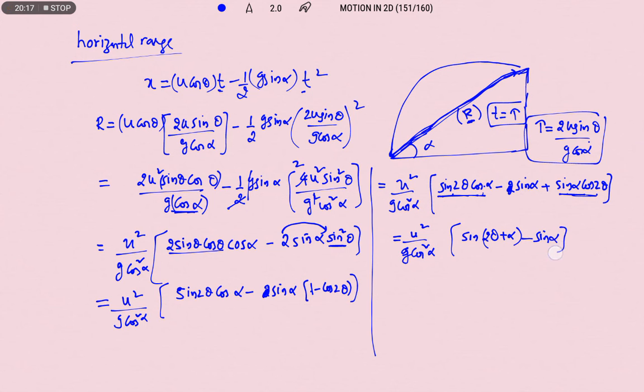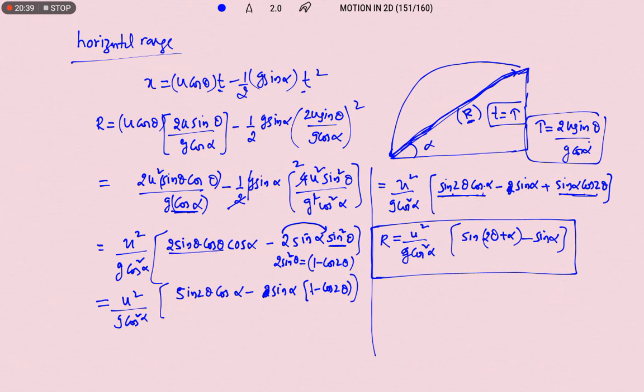So this is the expression for the range of the projectile. This range we need to find when it will be maximum. Once again you see here, this 2 sin square theta I am writing as 1 minus cos 2 theta.